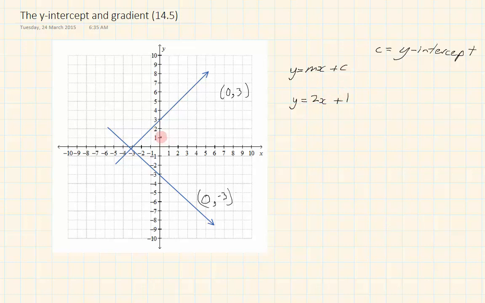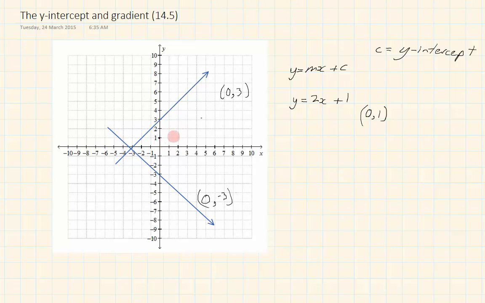What we would do first is put a dot to mark our y-intercept. So remember that our y-intercept is 0 and whatever our y value is. In this case, it's 1. Okay, so we've marked (0, 1) on our graph.